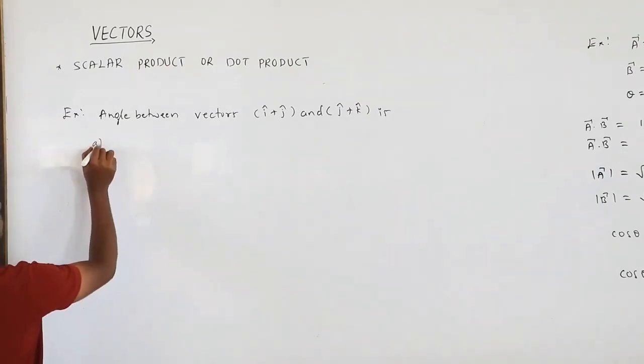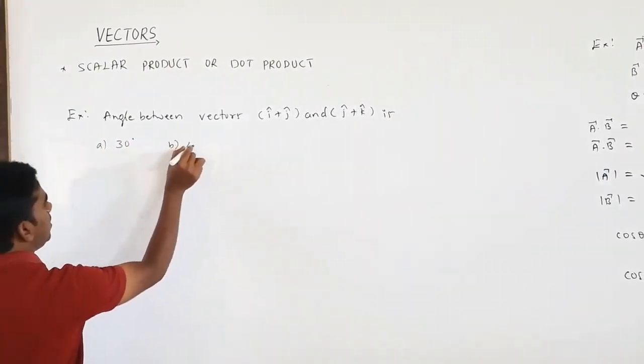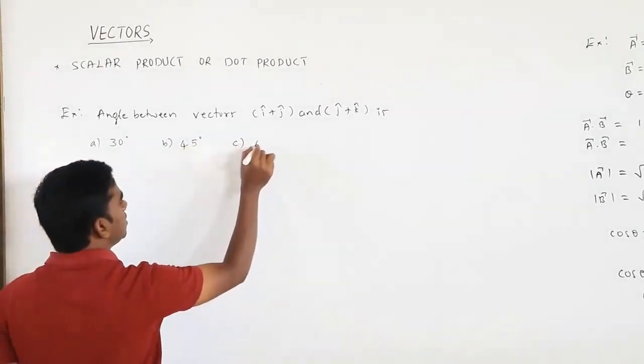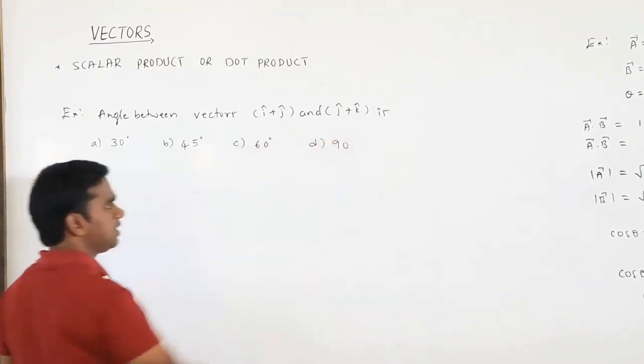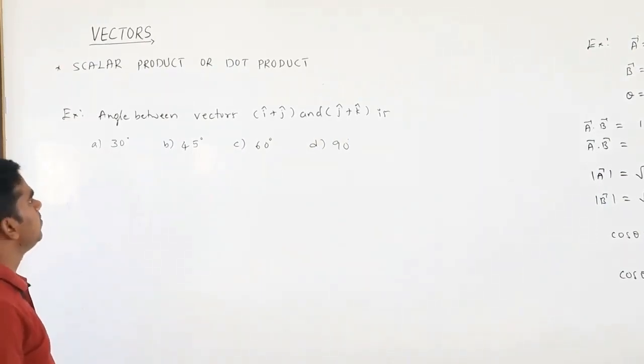They will give options also. Option A 30 degrees, option B 45 degrees, option C 60 degrees, option D 90 degrees. If a question is like this, what do you have to do?